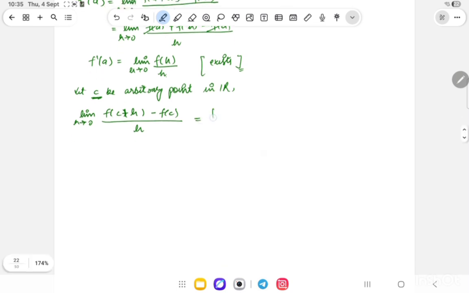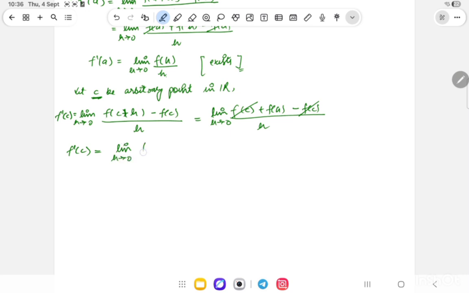So this will be limit h approaches 0, and f(c plus h) I can write as f(c) plus f(h) minus f(c) divided by h. This f(c) balances this one, so my f dash c will be equal to limit h approaches 0 of f(h) upon h. But this limit exists from the definition of f dash a. Let's name it as 1.